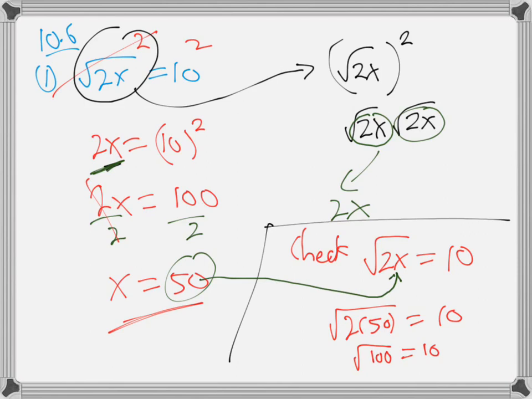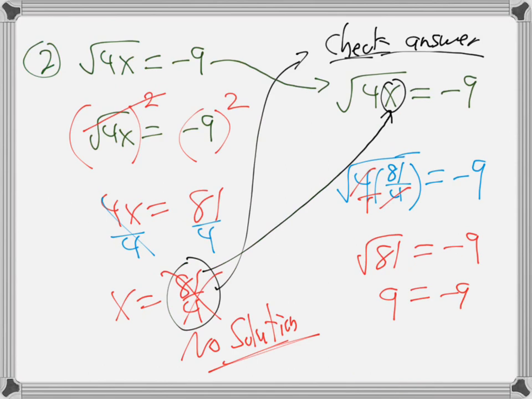What's the square root of 100? 10 equals 10. So it worked. That's why that was a valid answer. That's what an answer is supposed to do, right? Make it true, make the left side and the right side equal. And that one did work perfectly. It made 10 equal 10 here. So 50 was really the answer to number 1, and number 2 has no solution.